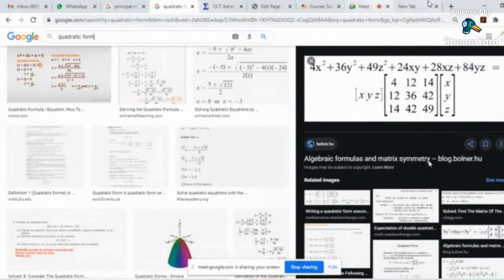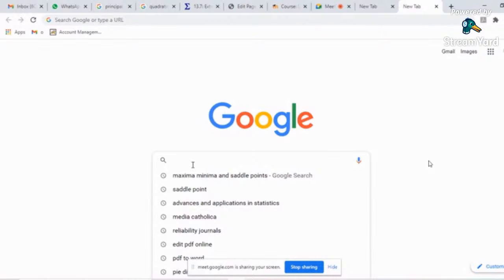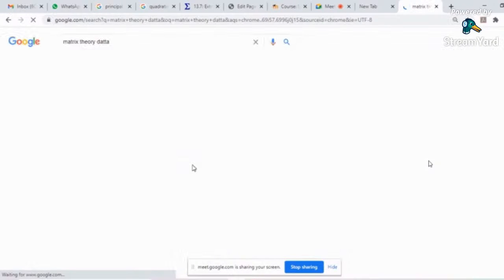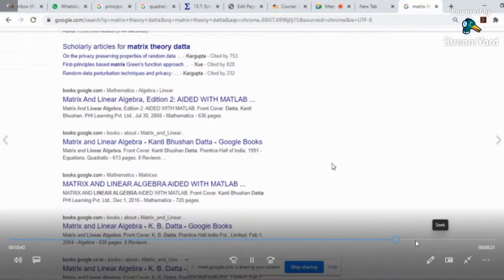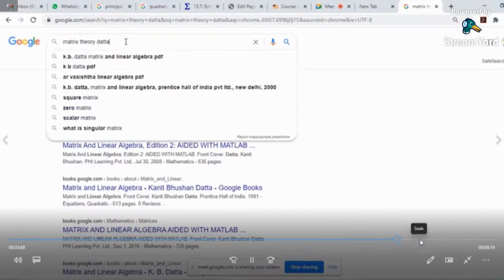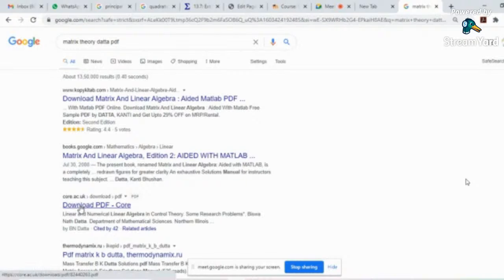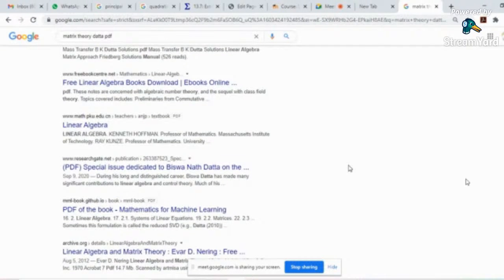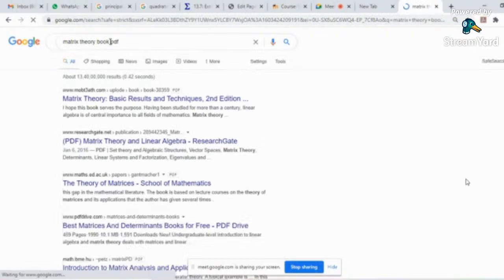You can search for some matrix theory books, and in those books you can see some ideas about matrix theory. Any book you are already studying will do. Theory of matrices.